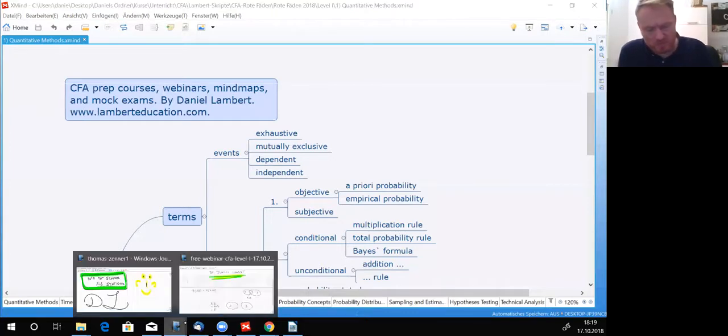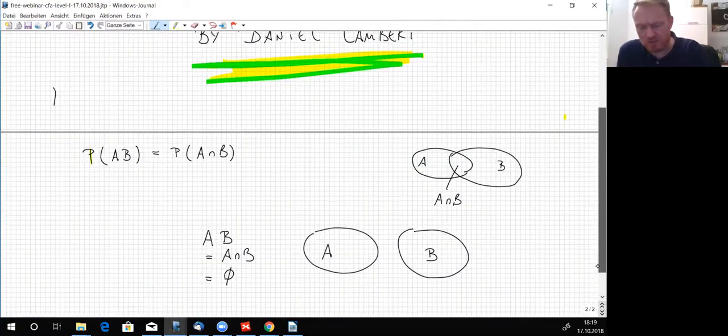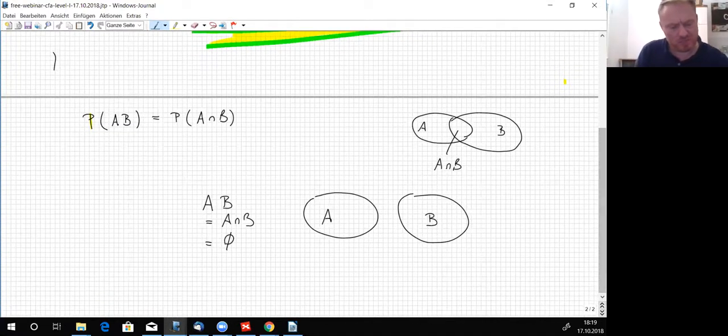Dependent and independent. What is this? There is something to consider, something to calculate.